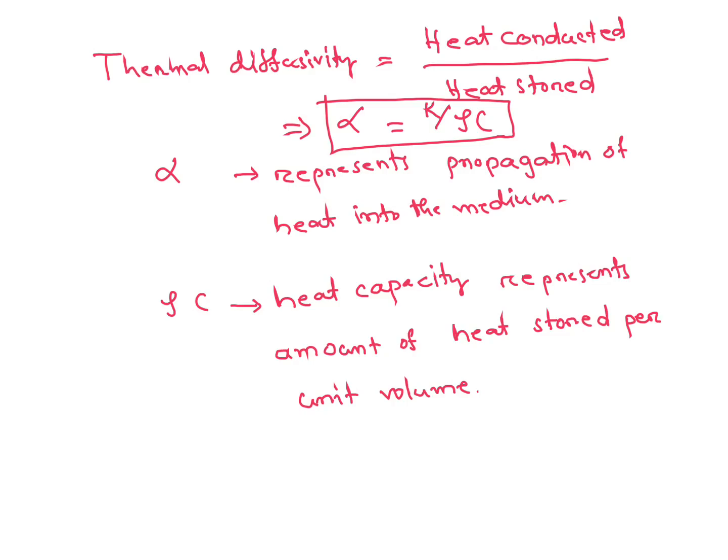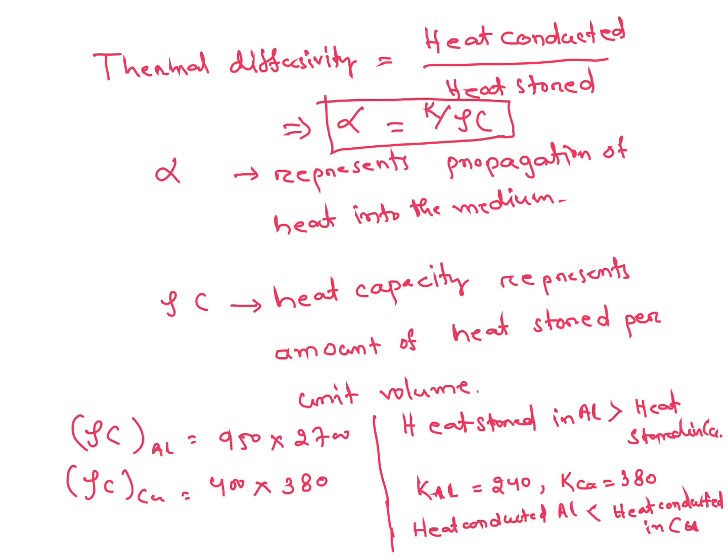If you calculate from the data, heat stored in aluminum is greater than heat stored in copper. And K value also we have to consider. So from all the data, heat conducted in aluminum is less than heat conducted in copper.